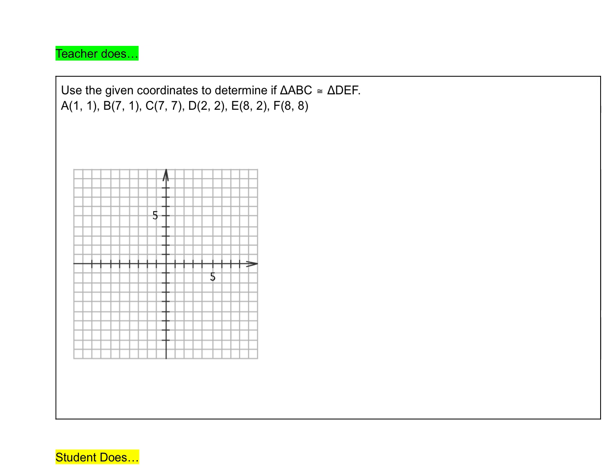Let's do some plotting. Triangle ABC. A is 1, 1. B is 7, 1. So this is A, B. C is 7, 7.